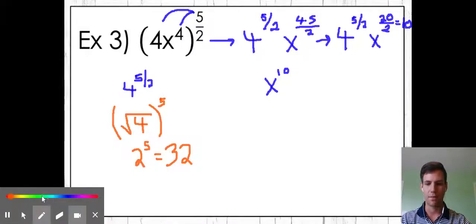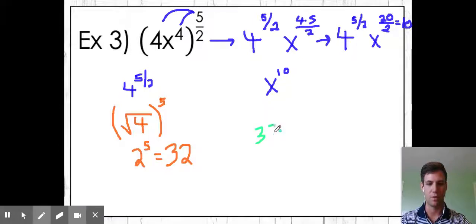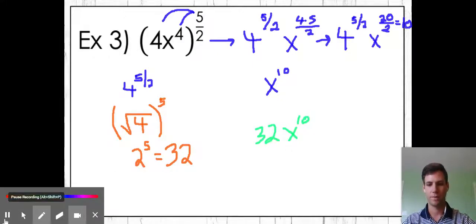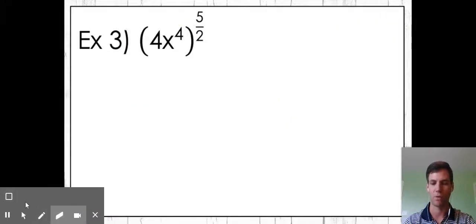That means that my final answer of the problem would be putting together the two end results that we got, and that would be 32 times x to the power of 10. And that wraps up question number 3. So let's move on to question number 4 now.